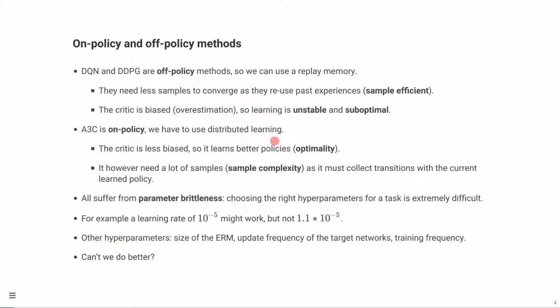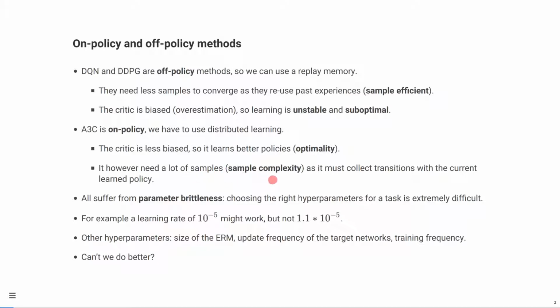So we saw that we had to use distributed learning, meaning I have different actors working in parallel, gathering transitions with the current policy, and then there's one learner network that learns from these transitions and sends weights back to the actors. Because you are acting on-policy with fresh examples, the values that you learn are less biased, and so you can learn better policies. So the policy learned by actor-critic or on-policy architectures is usually better than with an off-policy method.